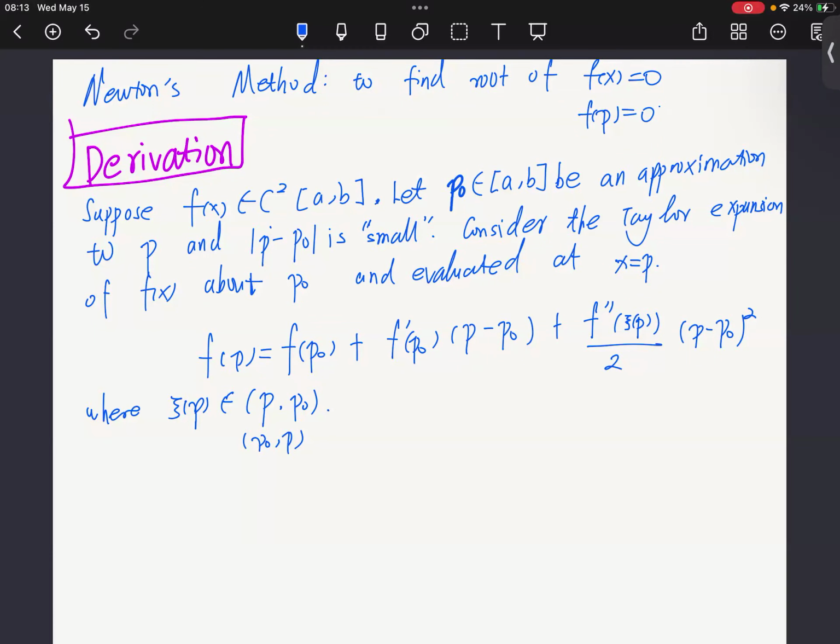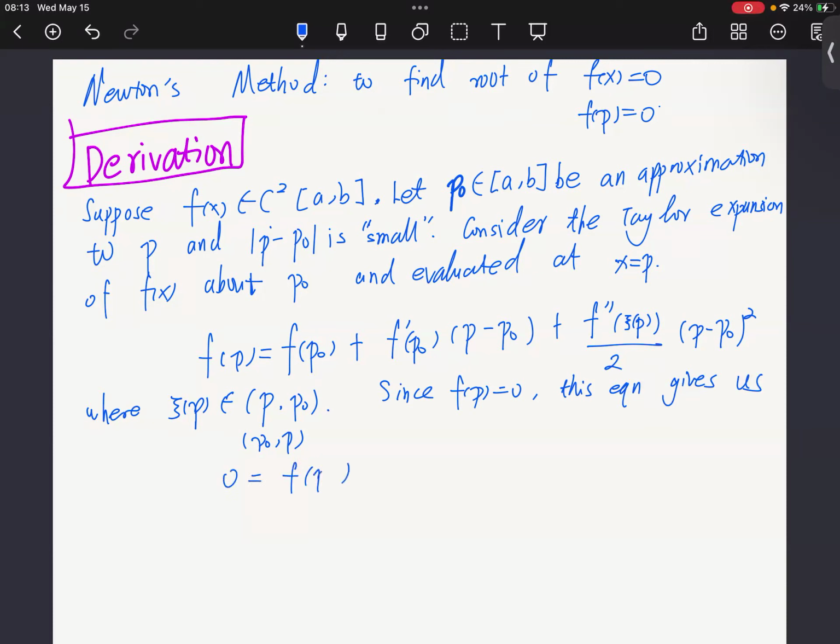And now, because p is the solution to the equation over there, f(x) equals 0, so f(p) equals 0. Since f(p) equals 0, the left-hand side is 0.